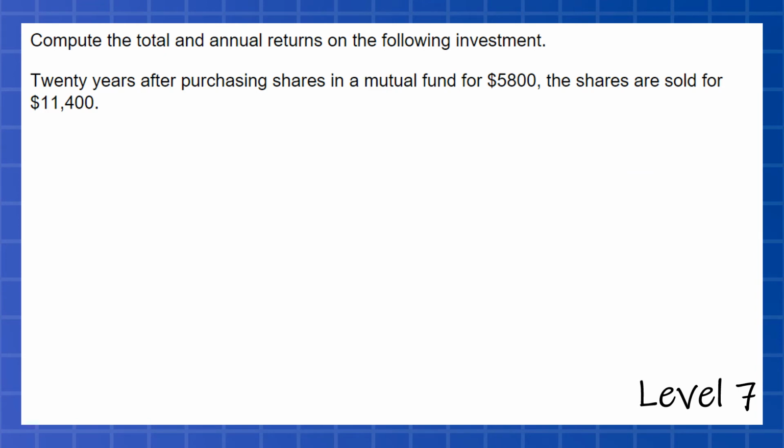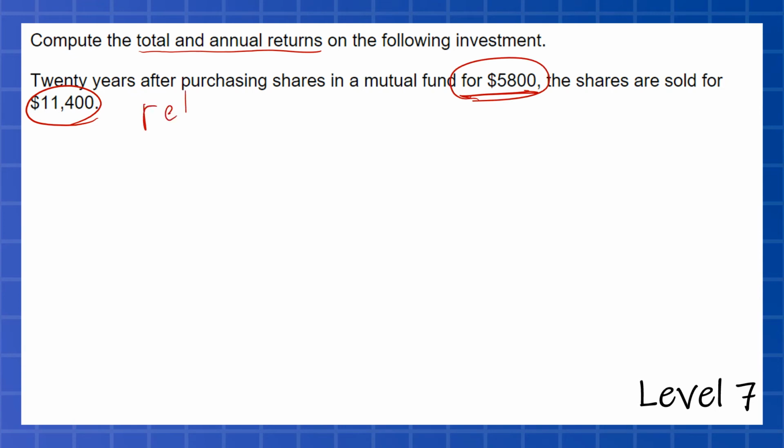When we're looking at this one, again, it looks a little scarier than it is, okay? We have purchased shares, and we purchased the shares for $5,800. And then we sold them for $11,400. And what we want is the total and annual returns. So let's do total returns first. So we started with $5,800 and we sold them for $11,400.